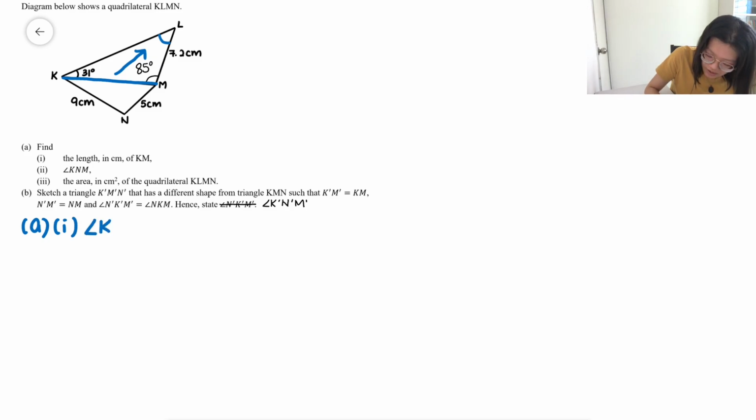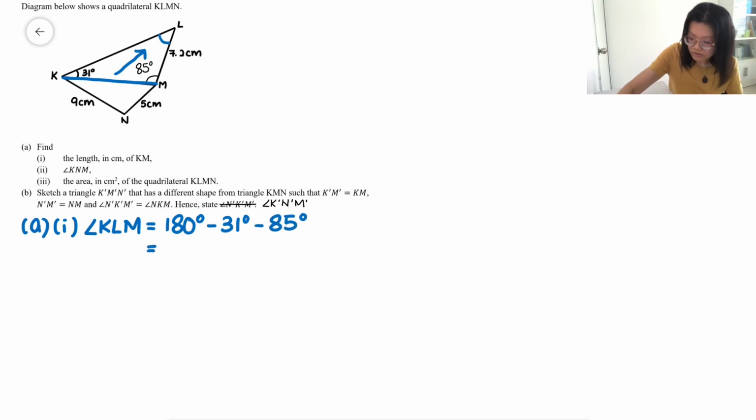Angle KLM equals 180 degrees minus 31 degrees minus 85 degrees. Use a calculator. Equals 64 degrees. And I always have a practice, I will write it out.